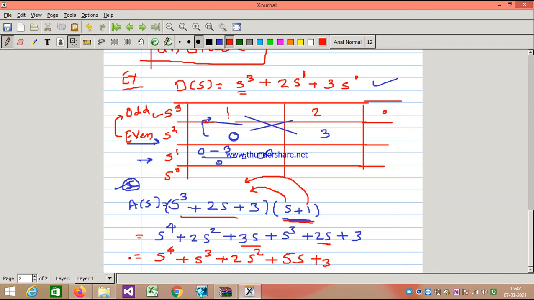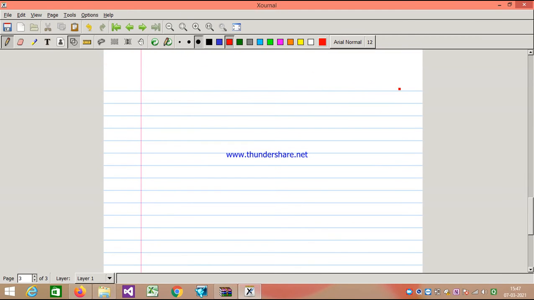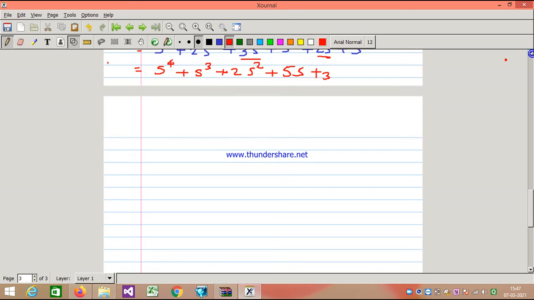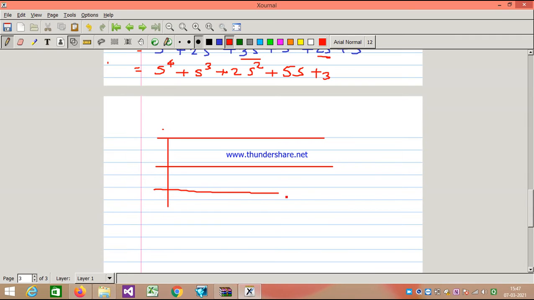This is the new equation we get. To solve this equation, again we are going to use the RH method. As you know, we have a formula for the RH method, right?